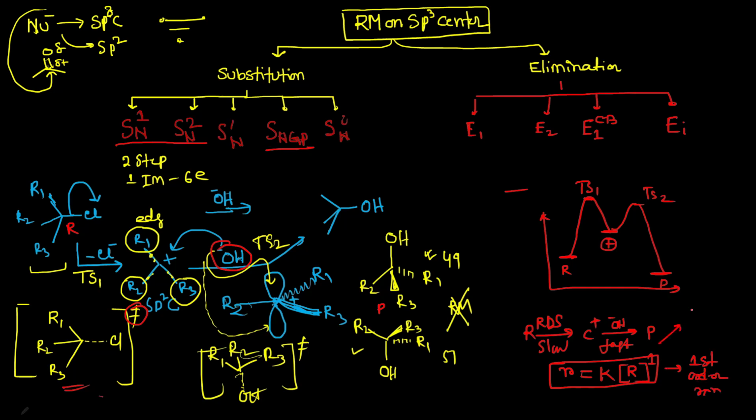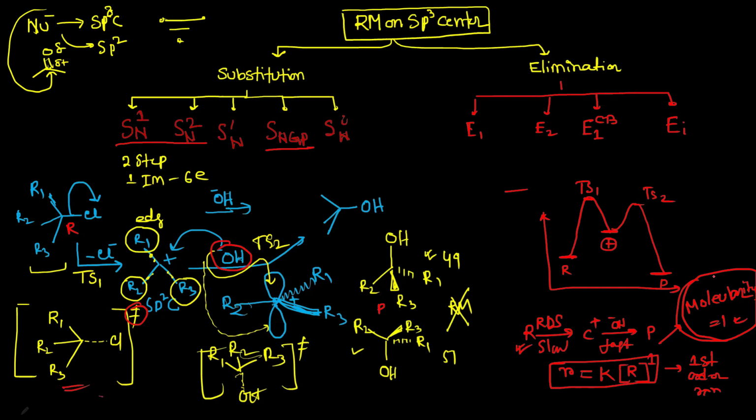And in this reaction, molecularity is 1 because in the RDS, the rate determining step, only one species is involved. That's why molecularity is 1 and it is a first order reaction.